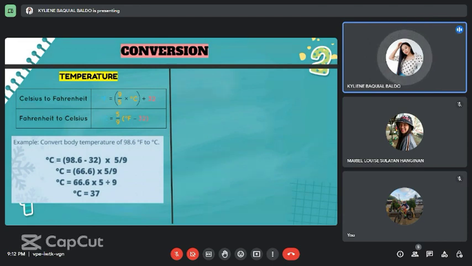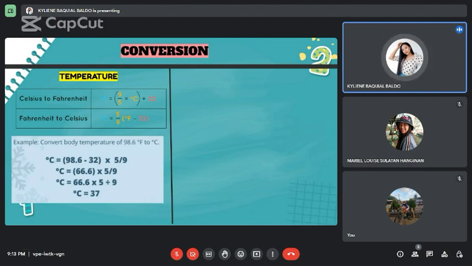And 5 over 9 can be converted to 5 divided by 9 since it will just be the same. 66.6 times 5 divided by 9, we will have the answer 37. So the 98.6 Fahrenheit will be converted to 37 degrees Celsius.